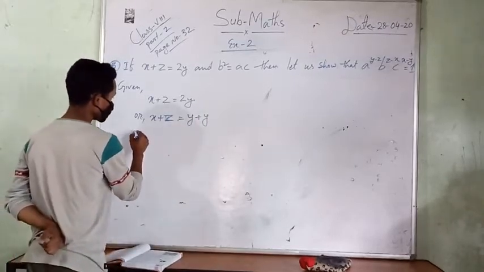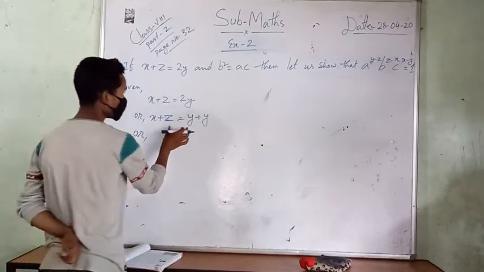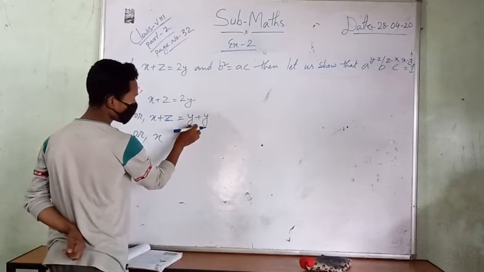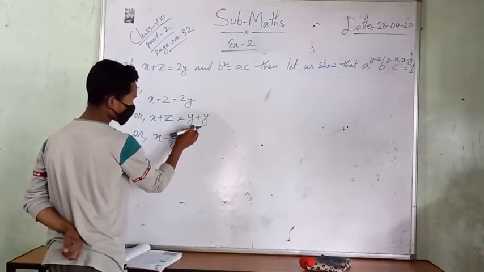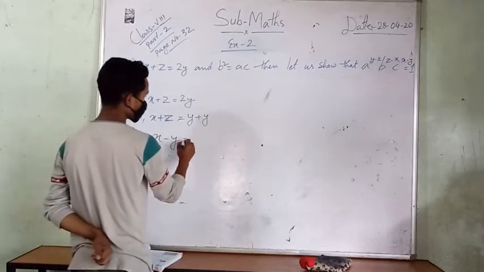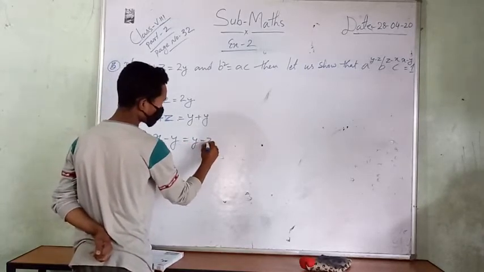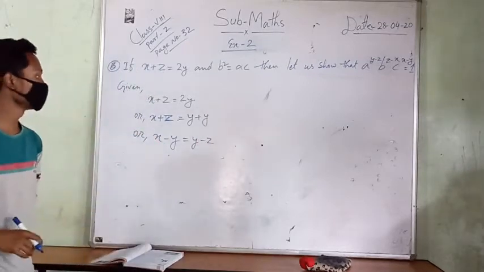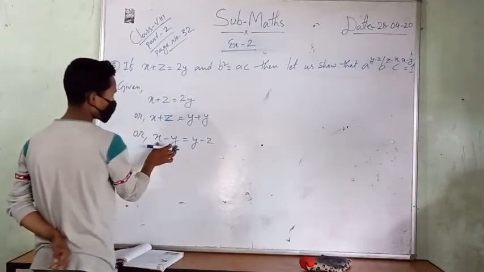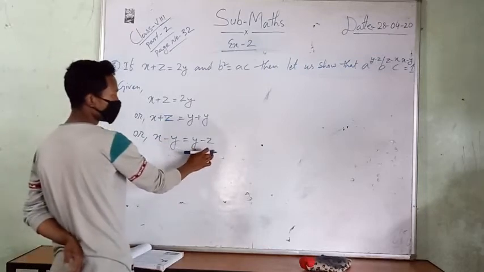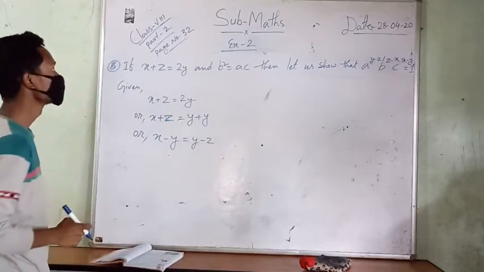Then I will write x, y comes this side, minus y, plus y comes this side, then minus y equals y, z goes this side, then minus z. Then the value of x minus y is y minus z.